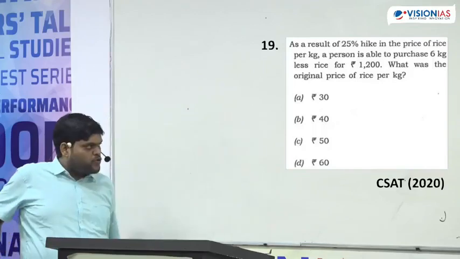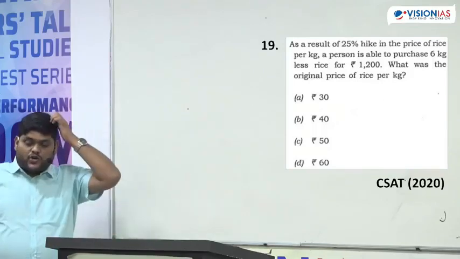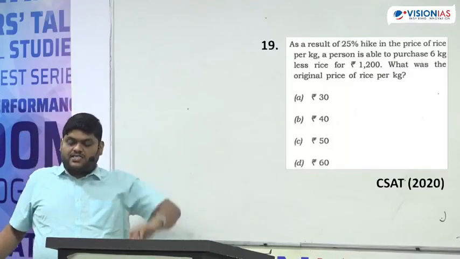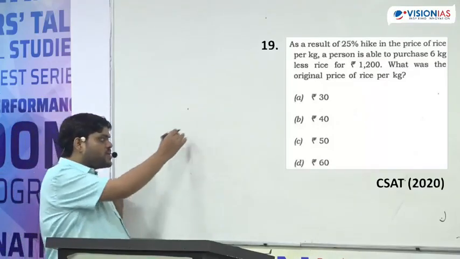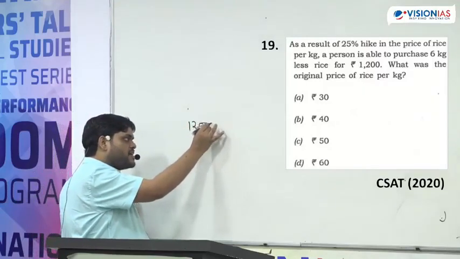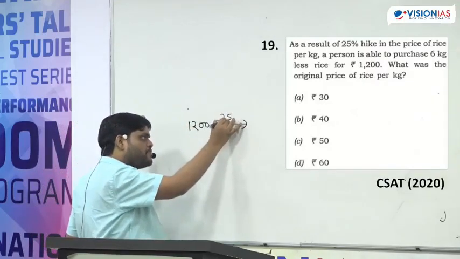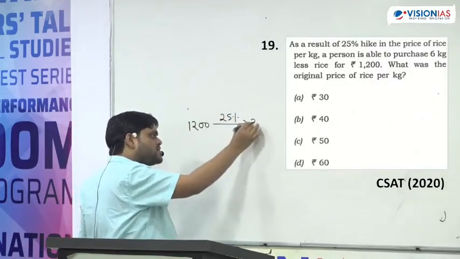Now, first we will do it without pen and pencil. 25% hike, the person is able to purchase 6 kg less rice. So what is 25% of 1200? 25% is simply 300, or not?